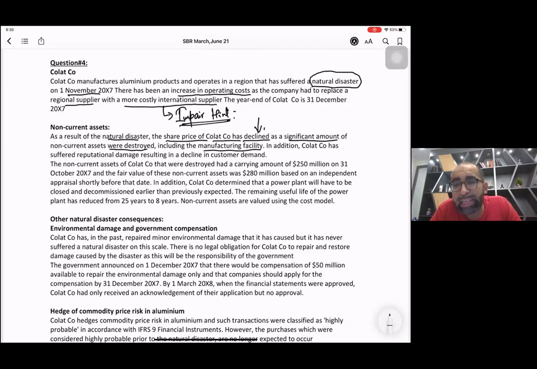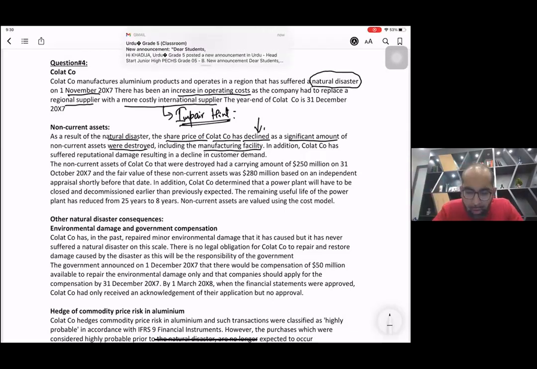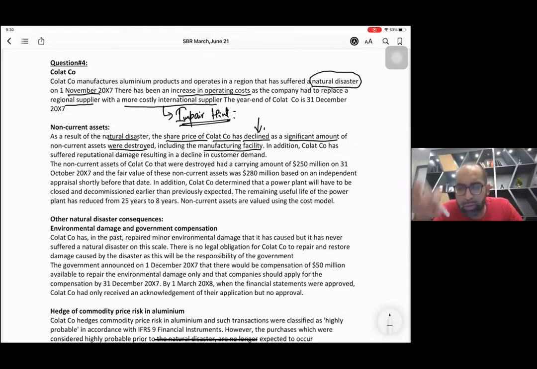Right now, I'm talking about external hints. When your share price goes down, your market capitalization goes down. You know what market capitalization is? Number of shares multiplied by share price. So that means the whole overall worth of your company goes down. So this is also a hint of impairment.